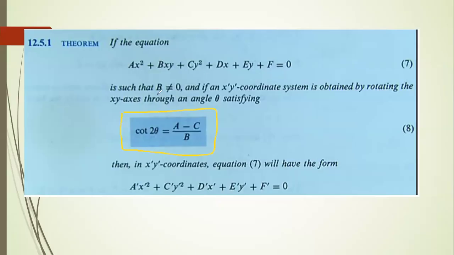But it has to be that b is not equal to 0, because for us to have b here, it's a rotation. If we do not have a bxy term, it means that the shape has not been rotated. And that would mean that we would have this form here, where the shape has not been rotated.